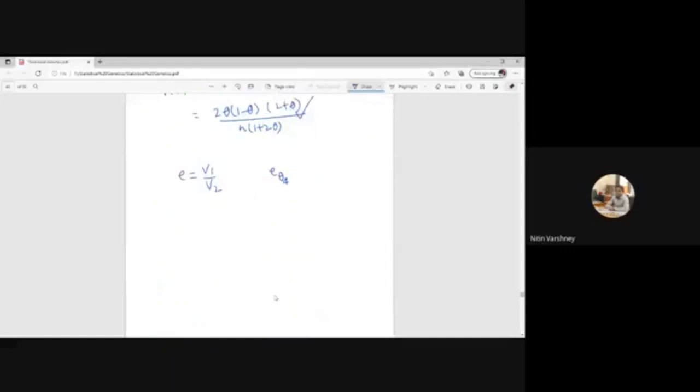So E of theta 4 will be the variance of theta in case of MLE over the variance of theta in case of minimum chi-square method. Suppose I am taking this as a standard. This efficiency will come 1, and the ratio is 1. So we can say that both are equally efficient.